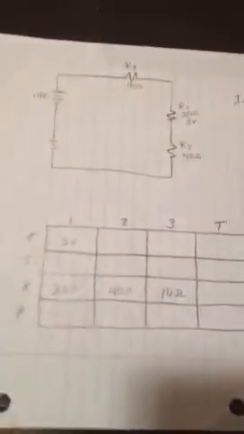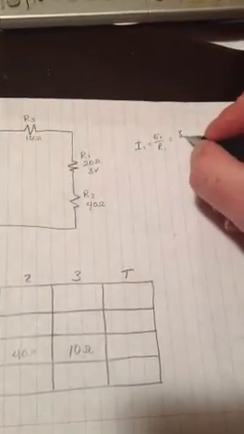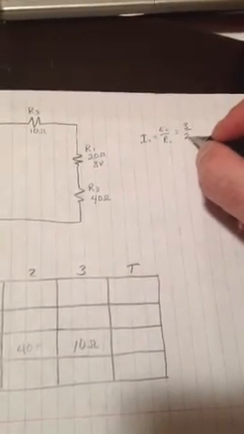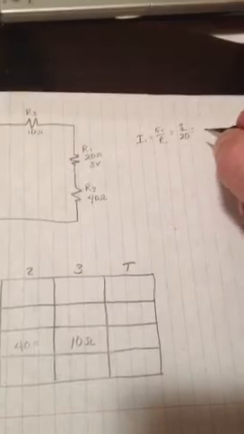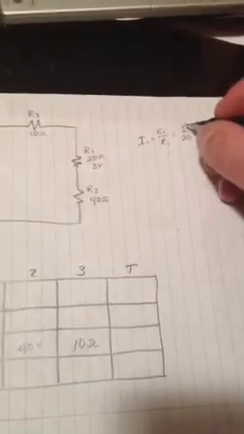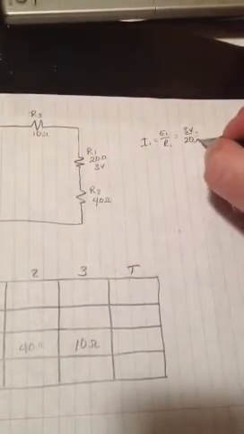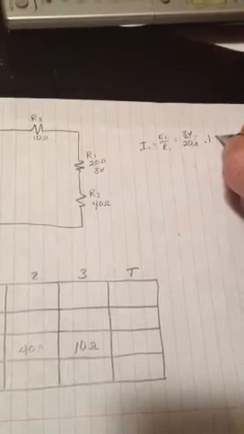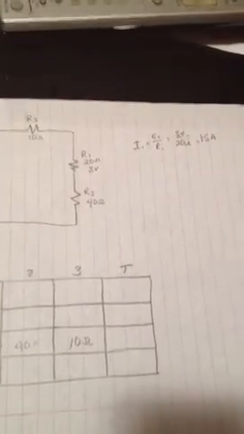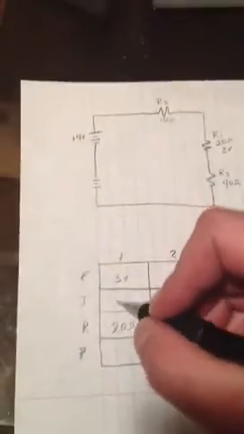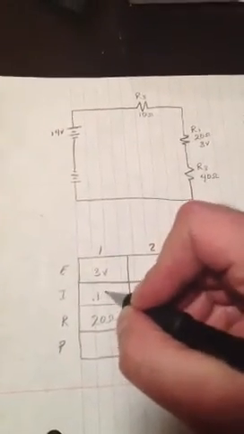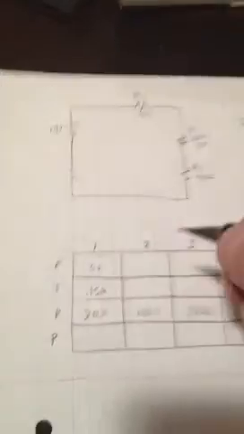So that's going to be 3 volts divided by 20 ohms, and that's 0.15 amps. So right here, I'm going to have 0.15 amps.